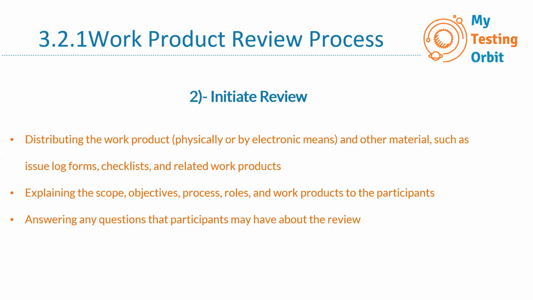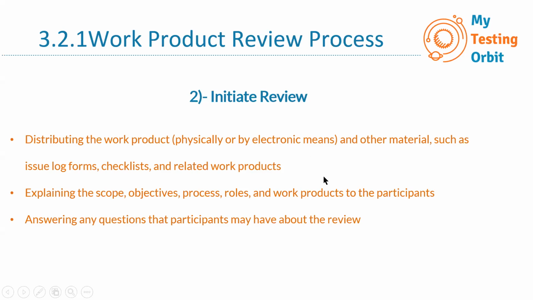Next one is initiate review. So we are done with planning, and now we are starting the review process. Over here, distributing the work product. Whatever products we are reviewing are distributed physically or by electronic means, along with other materials such as issue log forms, checklists, and related work products.